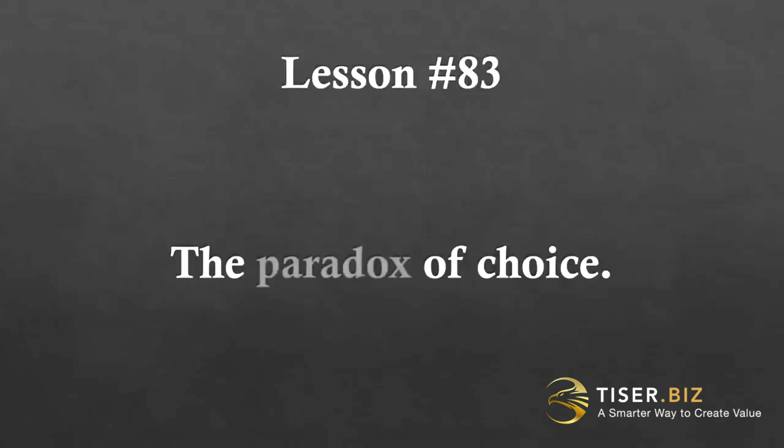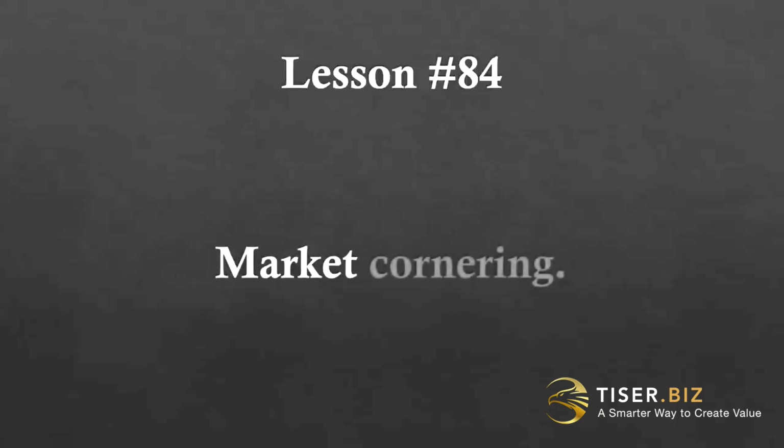Lesson number 84, market cornering. It's possible for one individual or a small group of powerful individuals to take control of a small market. This is known as market cornering. The only thing that separates an individual from the possibility of cornering a market is capital, and the knowledge of how to do that, of course.